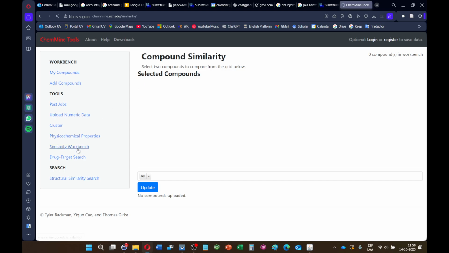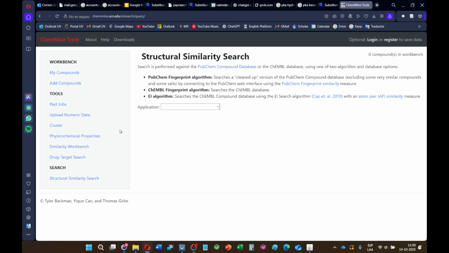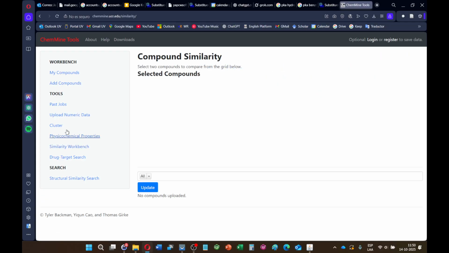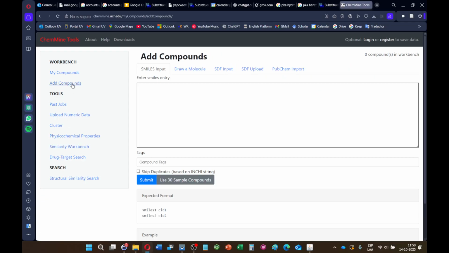But I need to add compounds. I need the SMILES of ethanol, which is carbon-carbon oxygen, and of methylamine, which is carbon nitrogen.